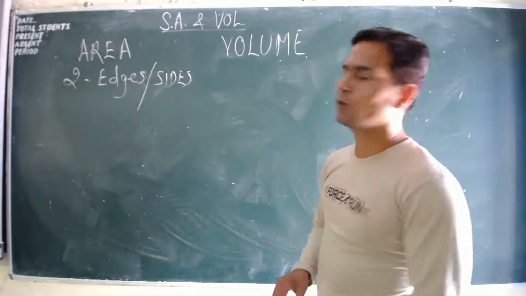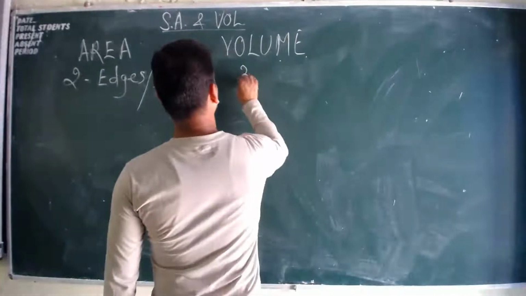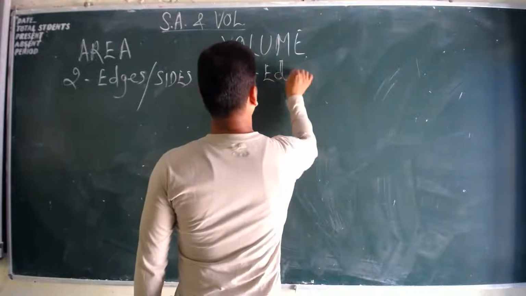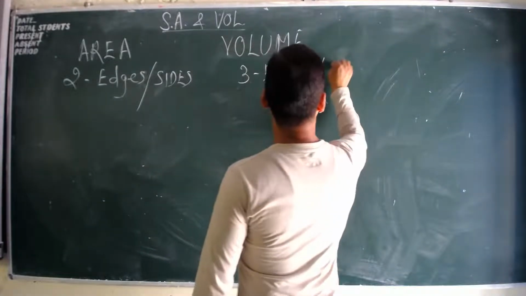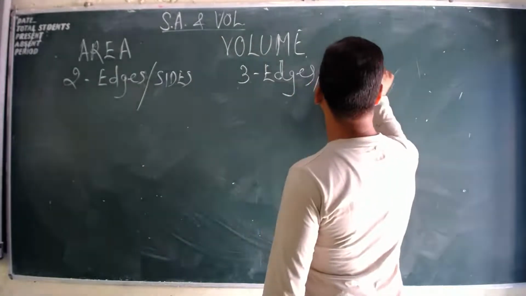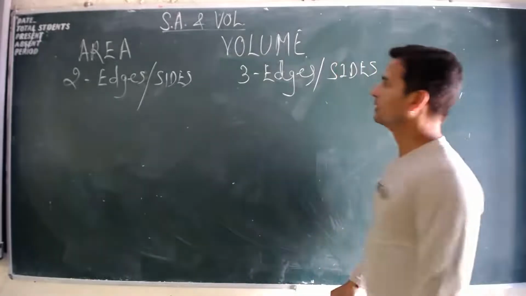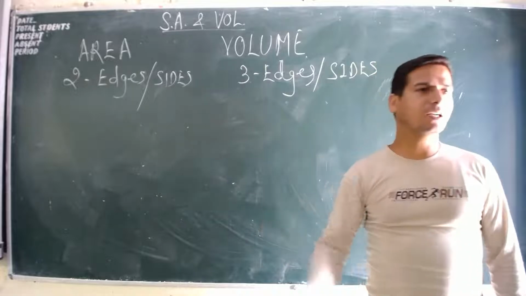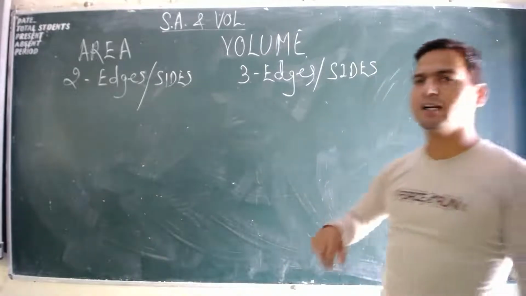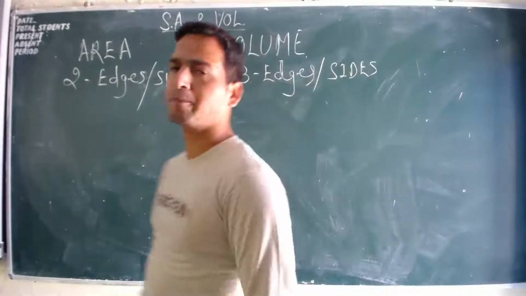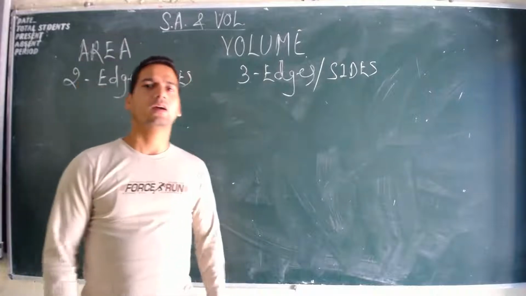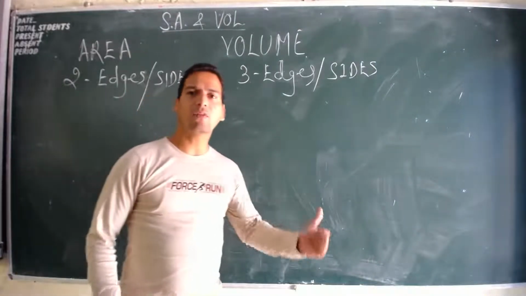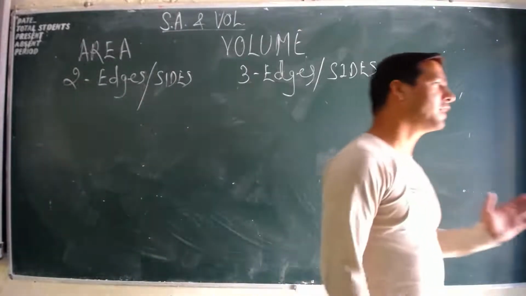For finding the volume, you need three edges, three sides, or three dimensions.